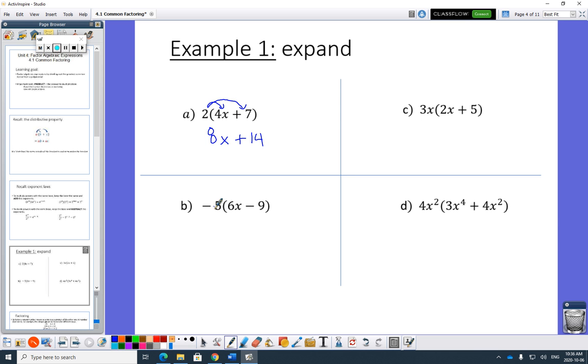When you have a negative, that affects the sign as well. So negative 5 times 6x is negative 30x. Negative 5 times negative 9 is positive 45.